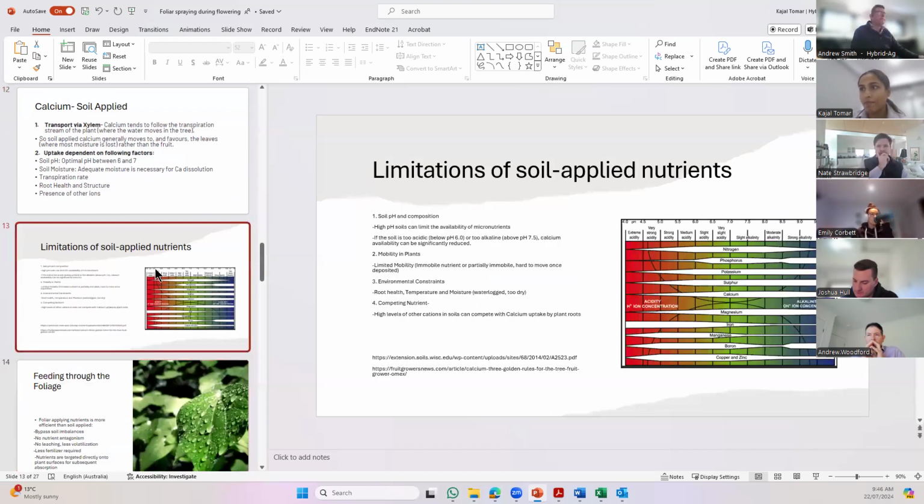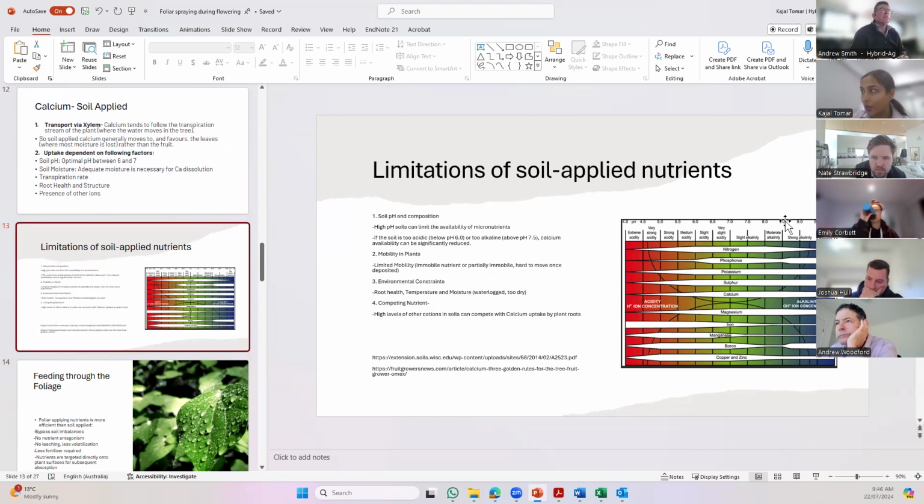So with other nutrients overall, there are a bit of limitations that come from application to the soil, especially in the periods where we need available forms of certain nutrients for a set period of time. So obviously from the soil, the pH is a big part of the availability. So this is a bit of a recap of the chart we looked at a few weeks ago.